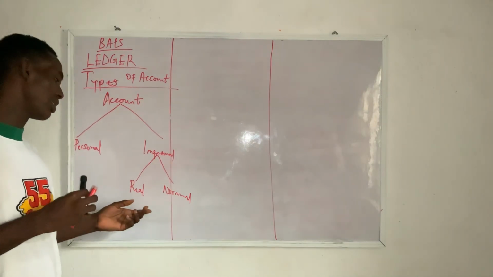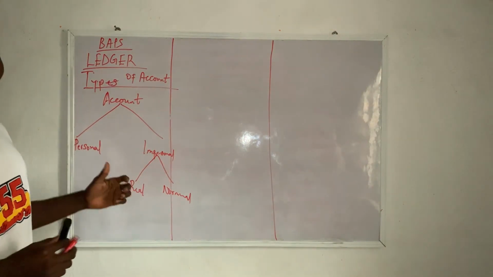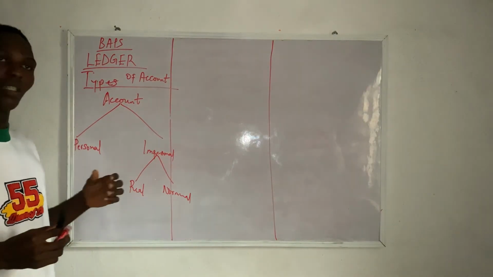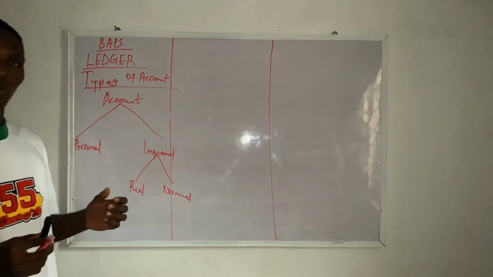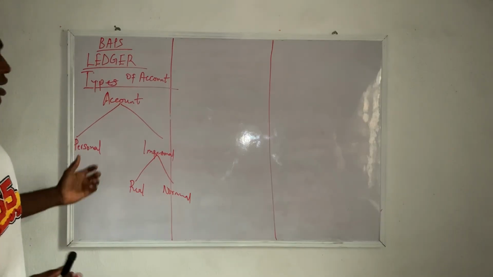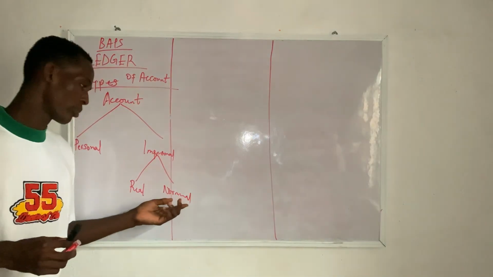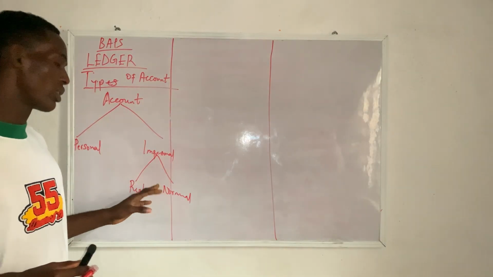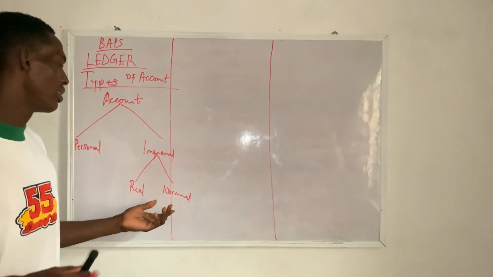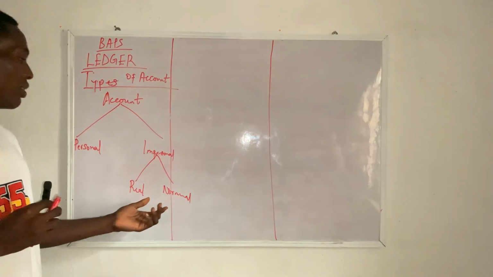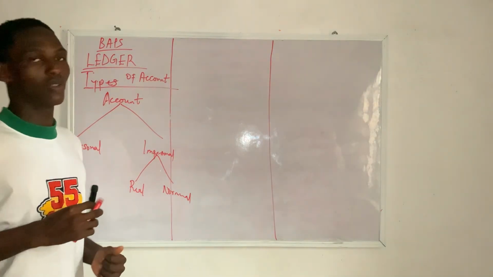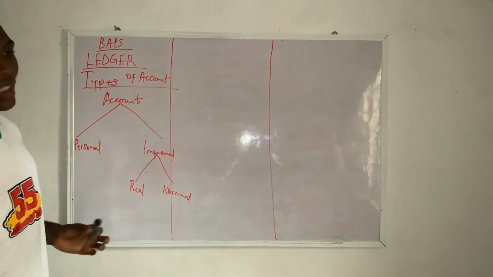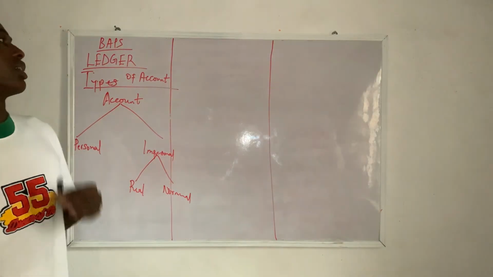Examples are our inventory and our non-current assets such as plant and machinery, property and equipment, motor vehicles and the like. While our nominal account is simply talking about non-tangible items, something you can't see and touch. So mainly income and expenses. That's what our nominal account is being used for, to record our income and expenses because they are items that you can't see and touch.